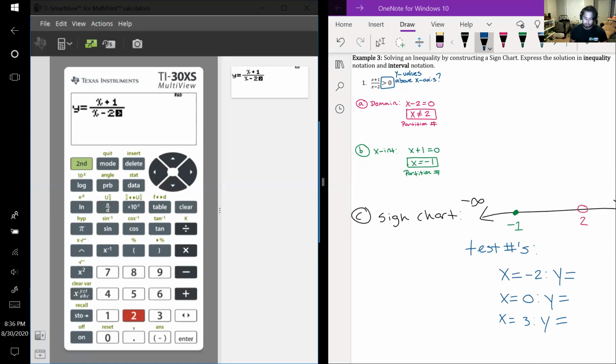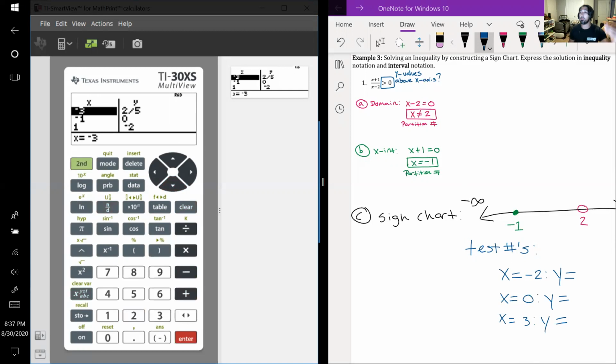After I type it in, I hit enter, enter, enter, make sure it's on ask x, hit enter, enter, and now I'm gonna type in our test numbers we picked down below. -2, 0, and 3. Okay, so we get 1/4, -1/2, and 4. And there you go. That was fast, huh? Way too fast.